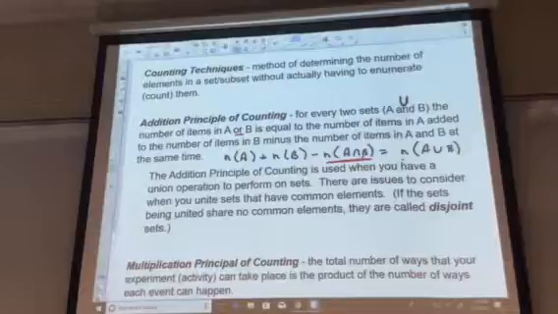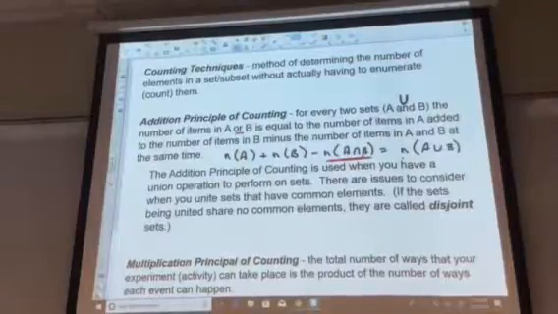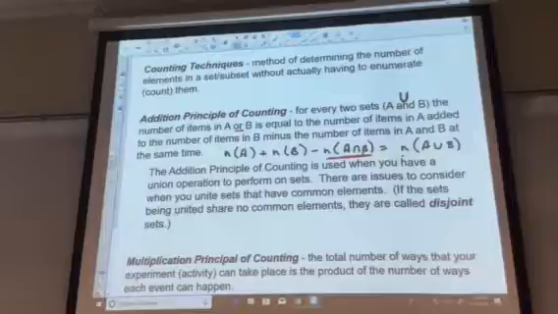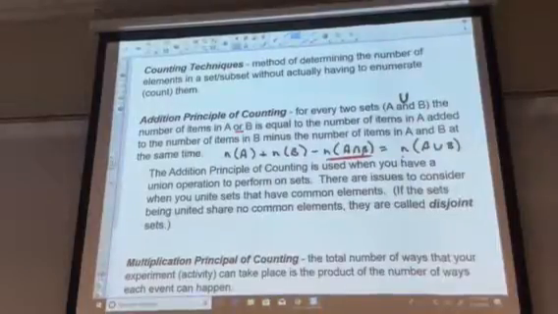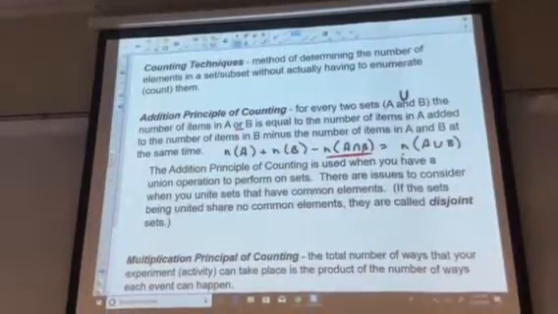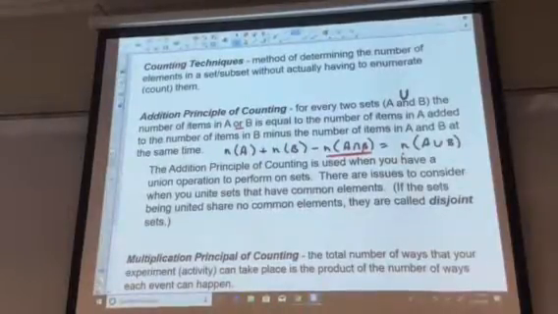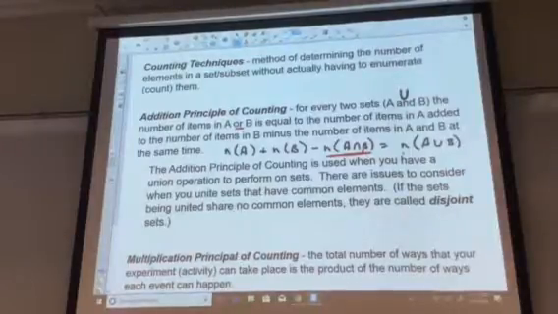What if I asked you to take A and B and combine them? Union means dump them all into one big bowl. So if you dump them all into one big bowl, are all the items of A in the bowl? Are all the items in B also in the bowl? Just 6. But the only item we haven't accounted for is a 6.